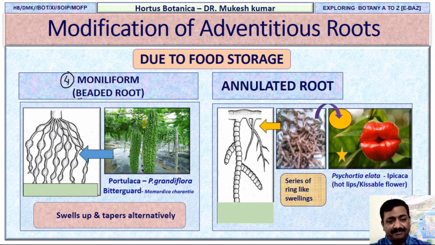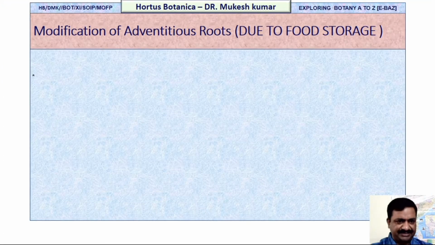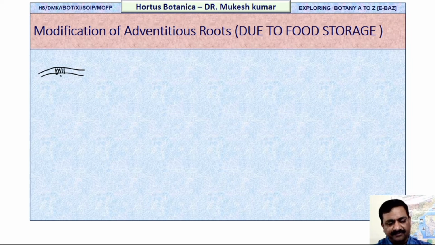Moniliform means beaded root. It is a bead-like structure. Just understand: see, we again have this structure. It is the node of the stem, and the roots elongate, swell up like this, taper, swell up, taper, swell up and taper.